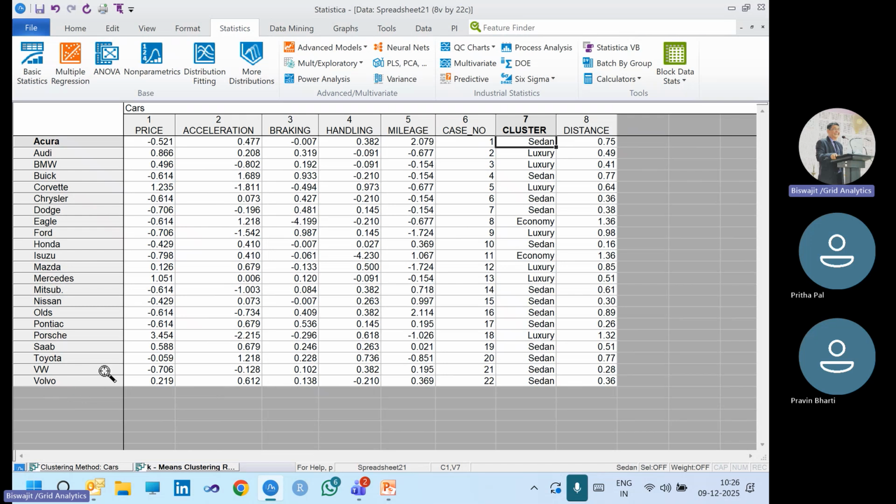You are looking at the pricing. If the customer says, no, I am looking for an economic car and this is my price range, I'm a little price sensitive, very well, I can take them to cars like the EC2 and Eagle. These are the economy car segment. So this is the way we perform cluster analysis, which is one of the unsupervised learning family of algorithms.